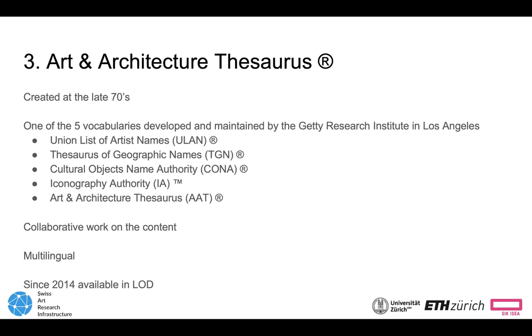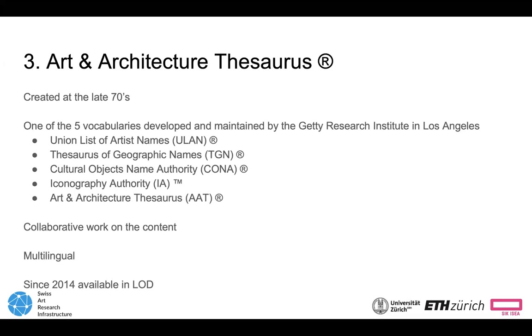AAT is one of the 5 vocabularies developed and maintained by the vocabulary program of the Getty Research Institute. Each of these vocabularies covers a specific scope. The ULAN contains names of artists, teaching and locations.